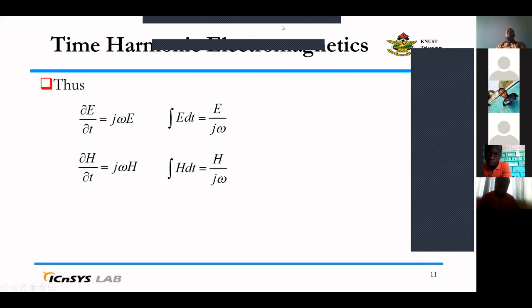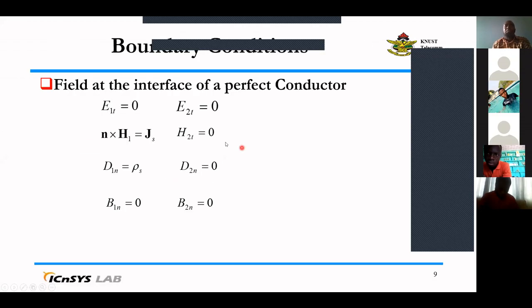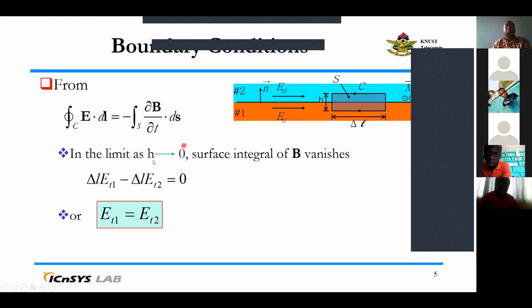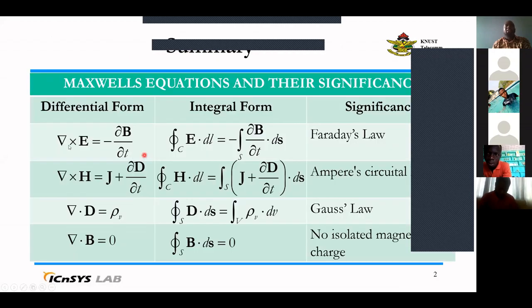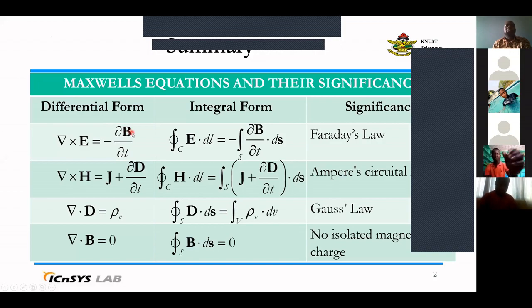So if we take this into consideration, if you look at Maxwell's equation, we have curl of E equals negative del B del T. If we write B as a function of time with e to the j omega t, then del B del T will be j omega B. If you understand what I'm saying.